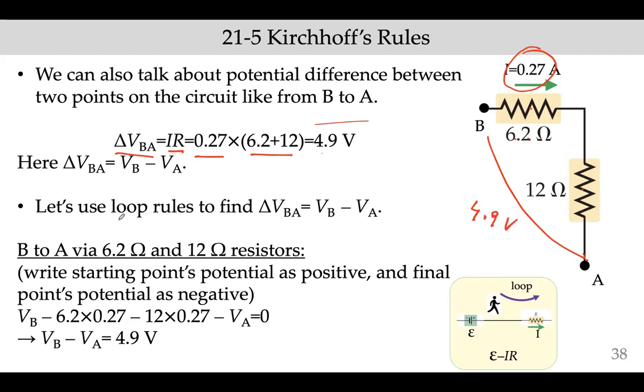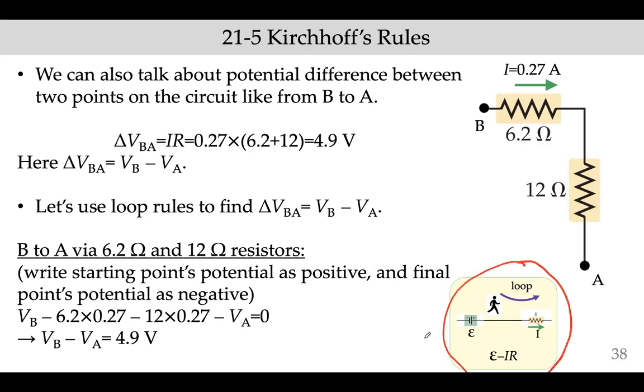But we can also use the loop rules to find the potential difference between B and A. Now, how do you use it? If you remember this rule here, this was the first, and there were 4 of them. I said if you remember the first rule, then you can derive the other ones.